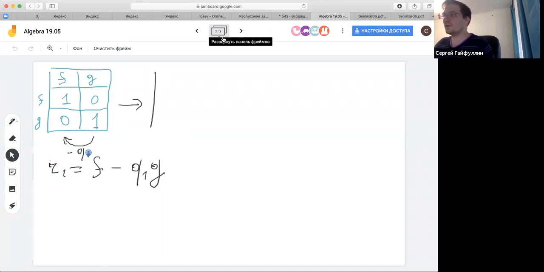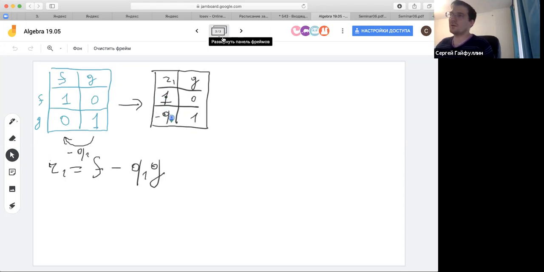Then I have G here, I have r1 here. Here is 0 and 1. And here I obtain some coefficients, 1 and minus q1.